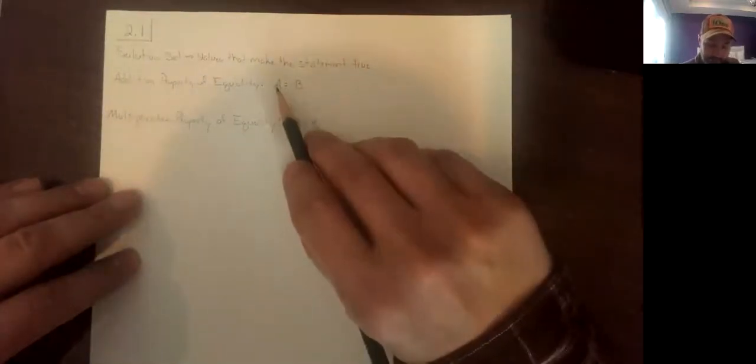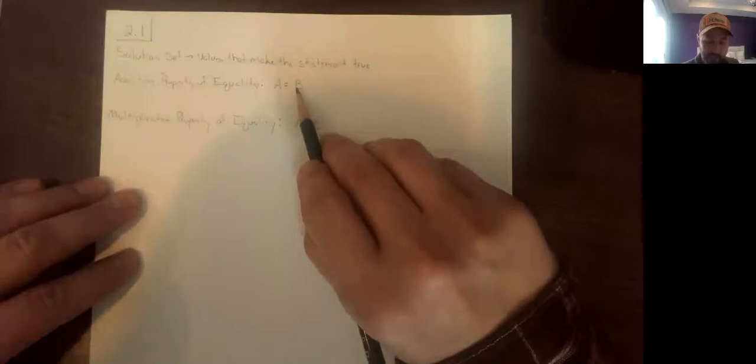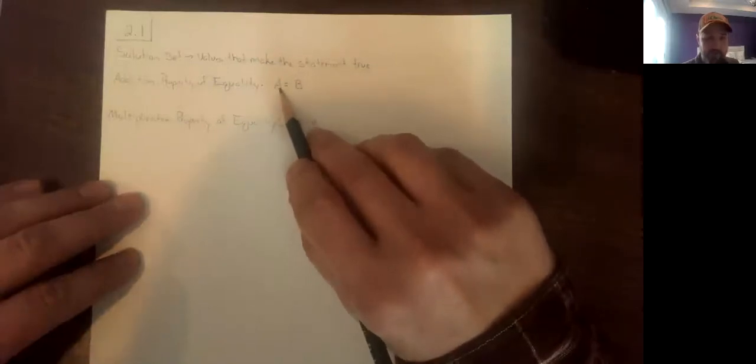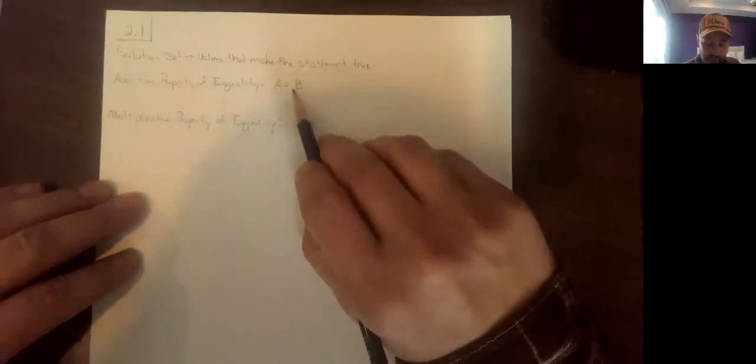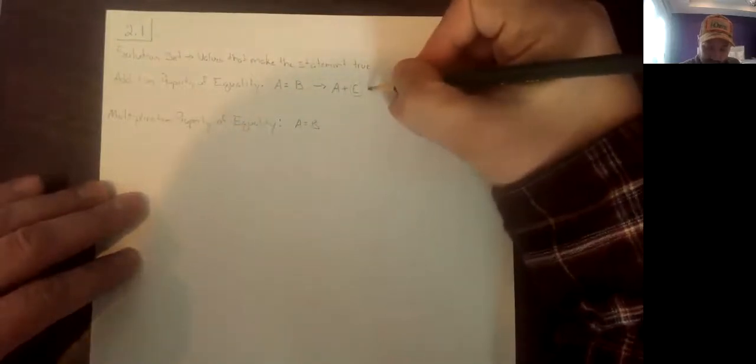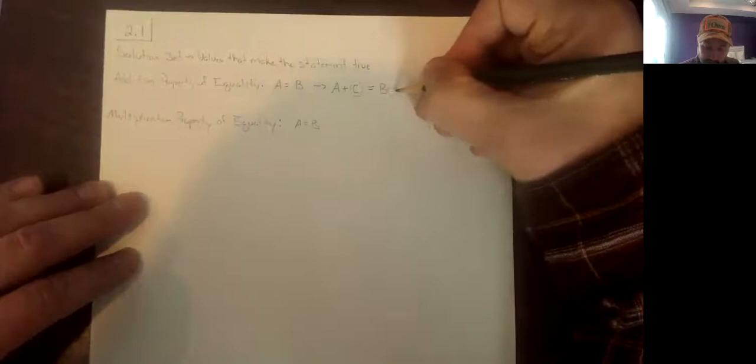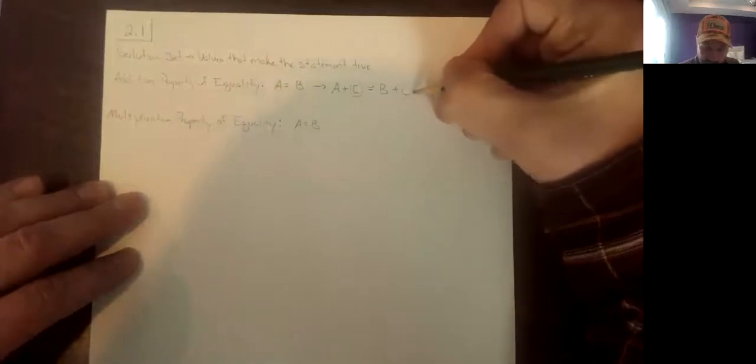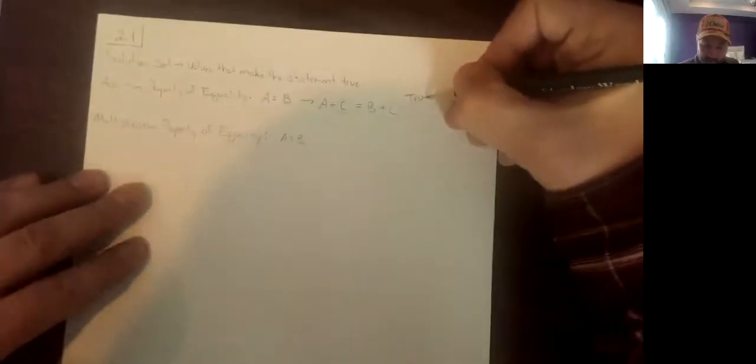And what they say with this is, if you have anything on the left equal to anything on the right, so any quantity, any group of terms, if A is equal to B, then as long as we add the same amount, they say C for the property, if we add the same amount to both sides, then that statement remains true.